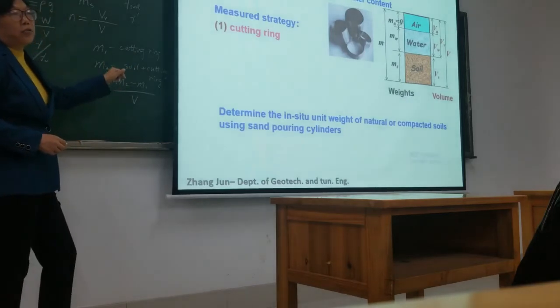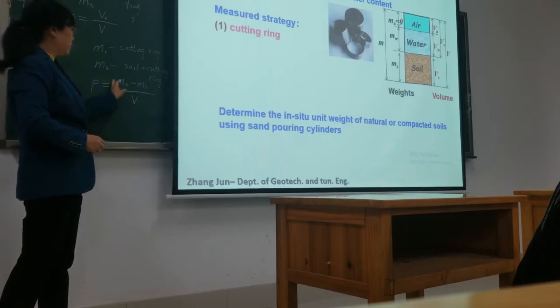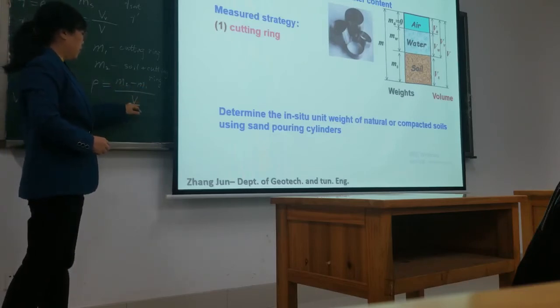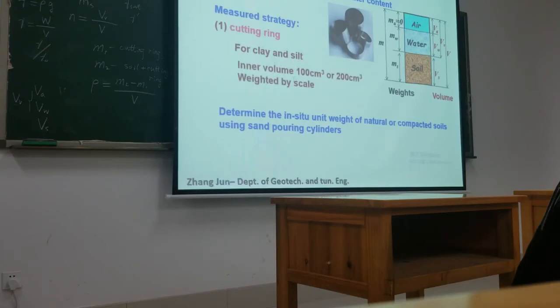So here mass of soil divided by the volume of the cutting ring. The cutting ring has a certain volume, okay?